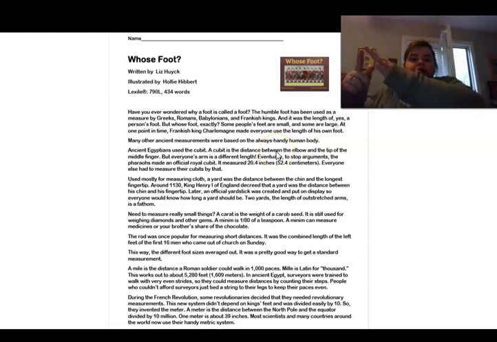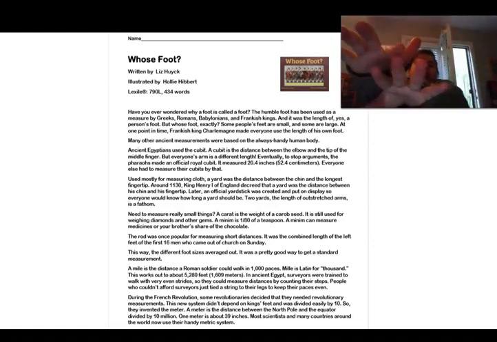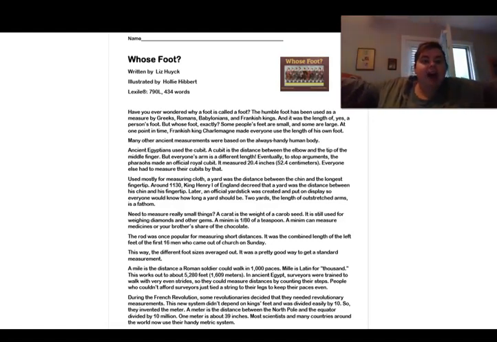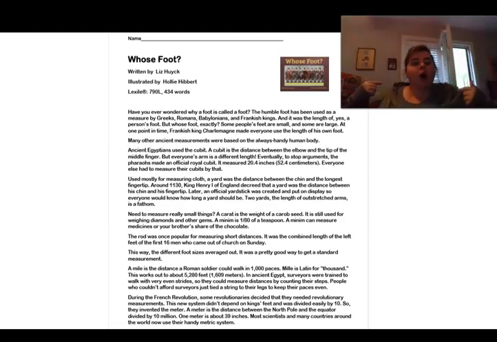It talked about using a cubit, which was the elbow to the tip of your finger. It talked about a yard, which was from your chin to the tip of your finger. It talked about a fathom, which was the span of both your fingertips. And all of those are ways you're using your body.